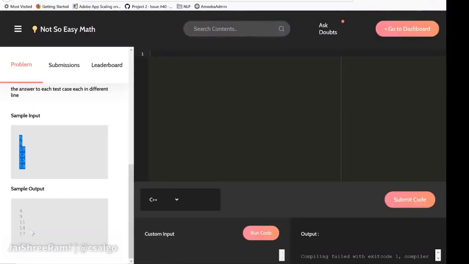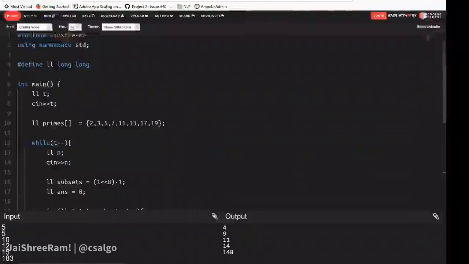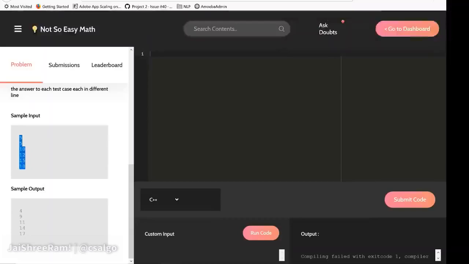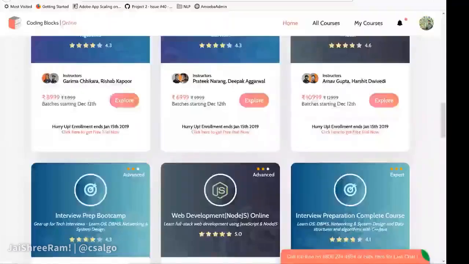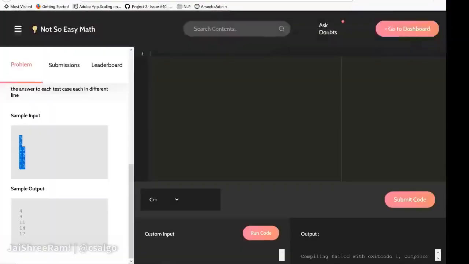Okay, 4, 9, 11, 14 and 17. So a minor mistake in the code. Okay, 183 was not there, so I think the input is wrong. The last input was 18, I guess. Yeah, 18 it was. So the output is 4, 9, 11, 14 and 17, which matches with the expected output.